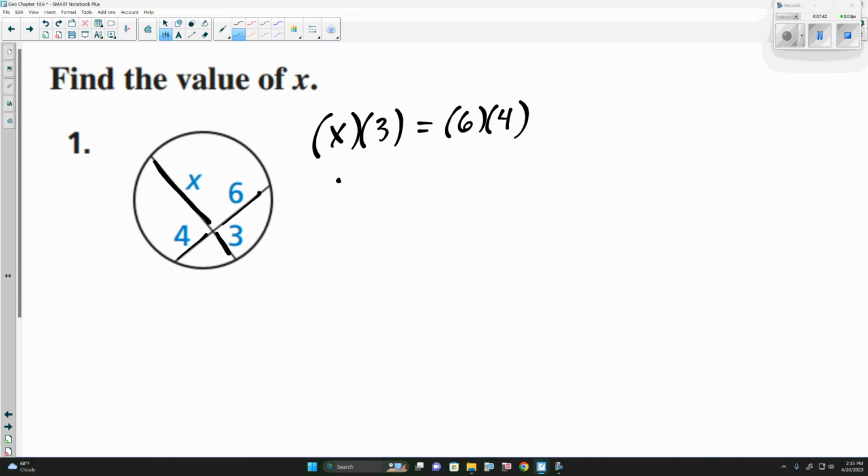So x times 3 is 3x. 6 times 4 is 24, and at this point we can divide by 3, telling us x is 8, and that's it. Questions on this here?